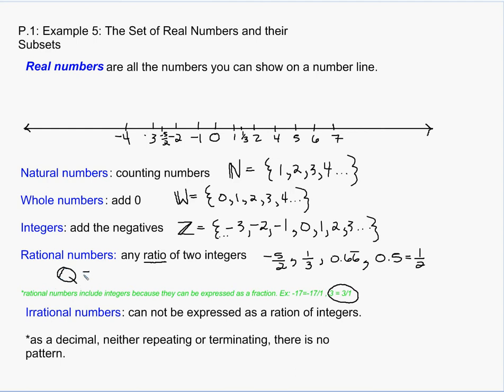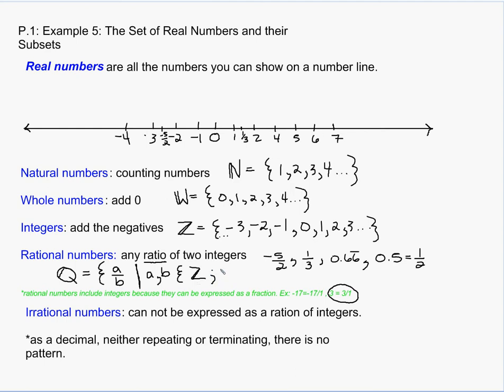And for its set, we're going to do some symbols here. It's going to be A over B, such that, that's what this little line here means, such that A and B are members of, that's what this squiggly symbol means, or element of, integers. So A and B must be an element of the integers.